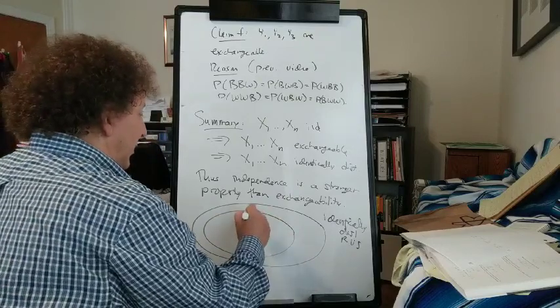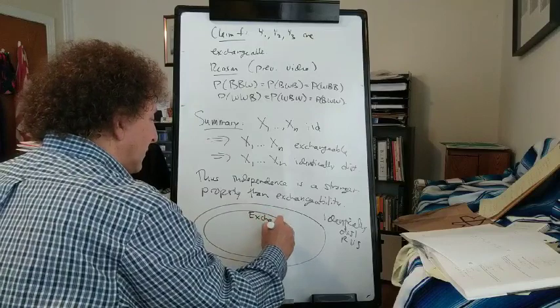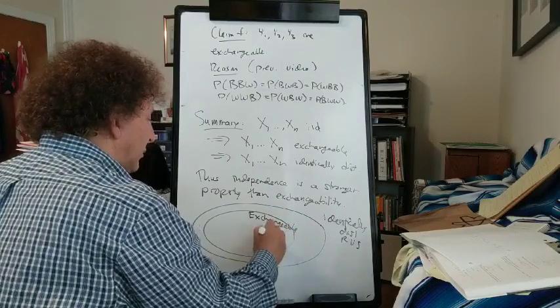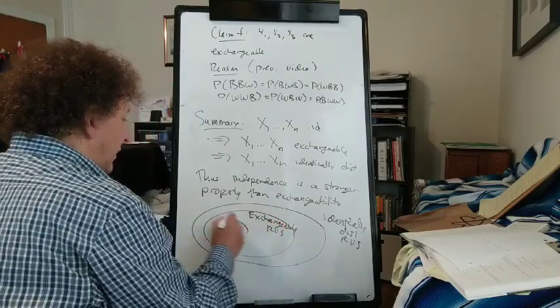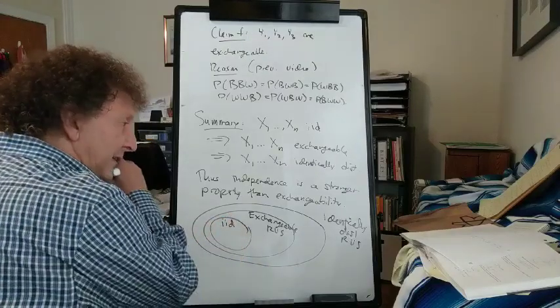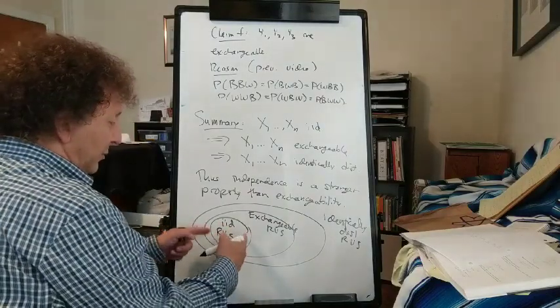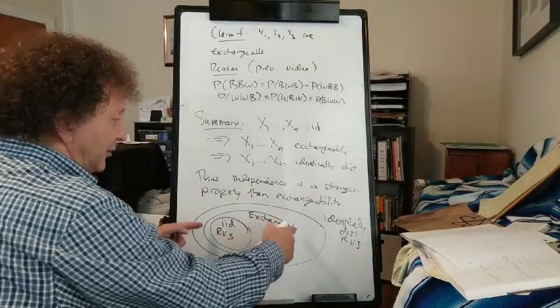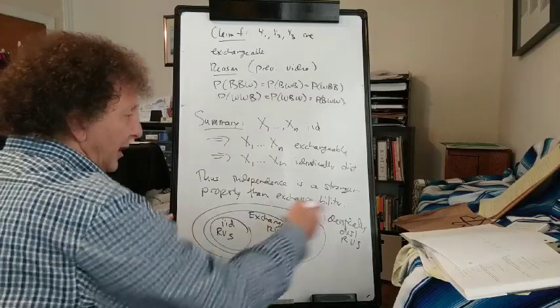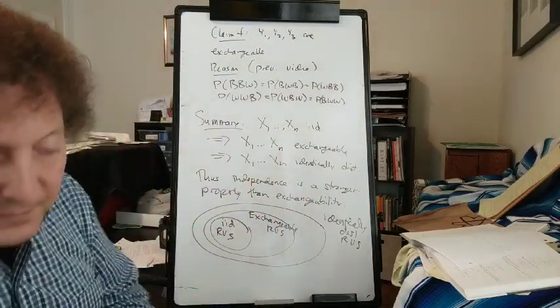Then inside of that we have exchangeable random variables. And then inside of that we have independent and identically distributed random variables. So this is the most special class out of the three. Then exchangeable is the next most special, and then identical is a bigger class than that. The end.